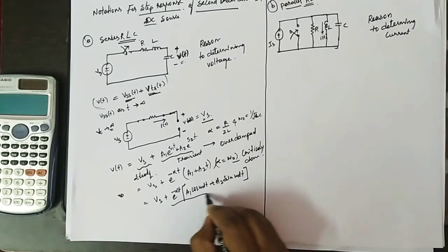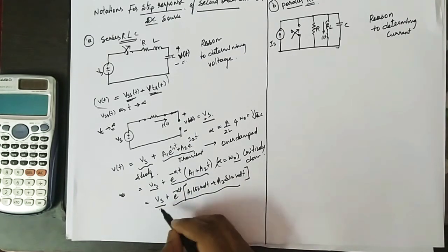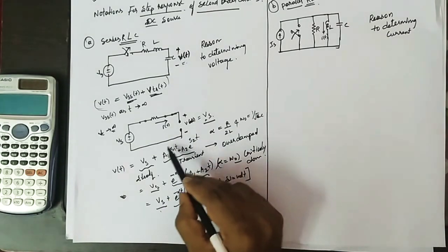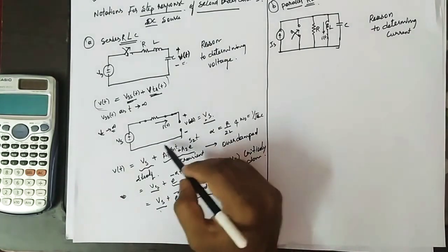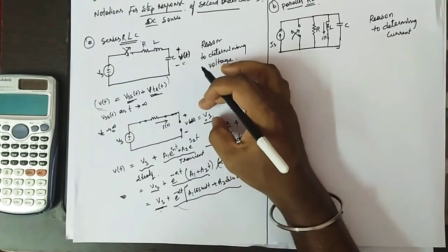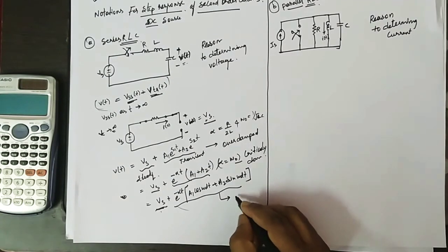This is the transient response and this is the steady state response. At t tends to infinity, the transient response will terminate, and we'll have only the steady state, that is, at t tends to infinity we have only Vs. So this is the underdamped response.